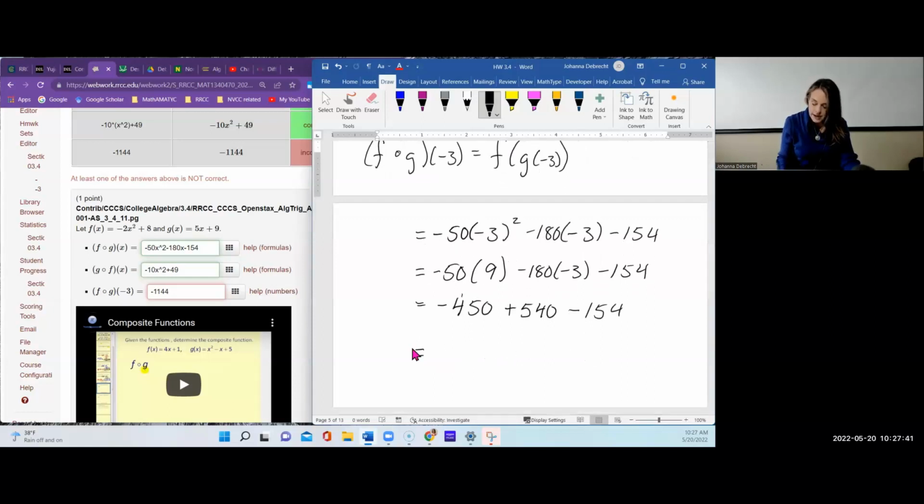To work this out, I would combine the 540 minus 450 first, and that would give me 90. Then I would take 90 minus 154, and that would give me, well, I'm trying to think, but -64. You guys check at home.